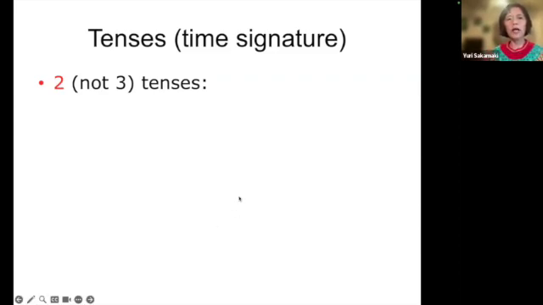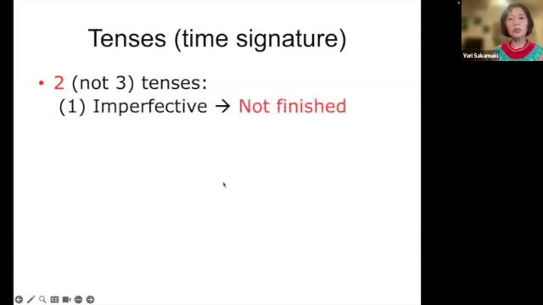In Japanese, we only have 2. The first one is for things that are not finished. This takes care of present and future tense. We also call this imperfective. It's just a fancy grammar word, but it just means not finished.